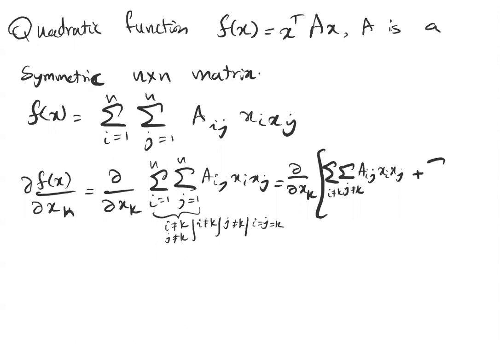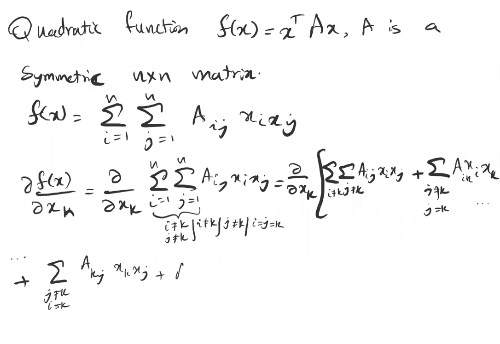Plus, when i is not equal to k and j is equal to k, we will have a i k, x i, x k, plus the scenario where j is not equal to k, but i is equal to k. So we have a k j, x k, x j, and finally the scenario where both i and j are equal to k.